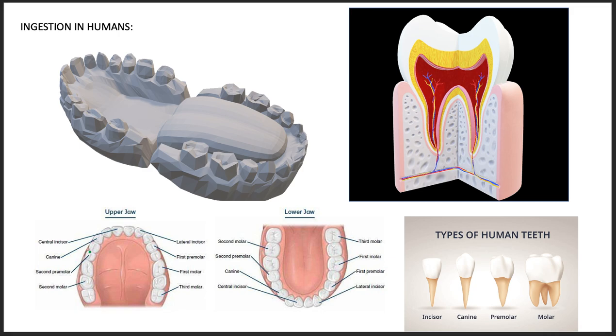Then we have the molars. So these are the premolars and these are the actual molars. So the premolars help with crushing and grinding the food. So now when you're chewing, let's say you're eating an apple. When you bite into the apple, your incisors help you to cut the piece of the apple.